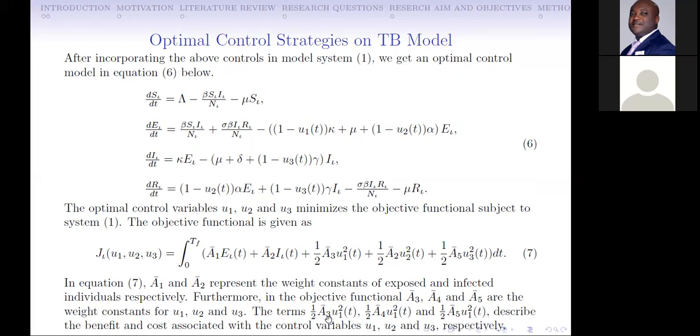The terms half A bar 3 mu1 squared, half A bar 4 mu2 squared, and half A bar 5 mu3 squared describe the benefit and cost associated with the control variables U1, U2, and U3 respectively.